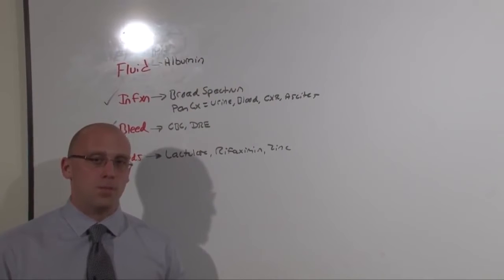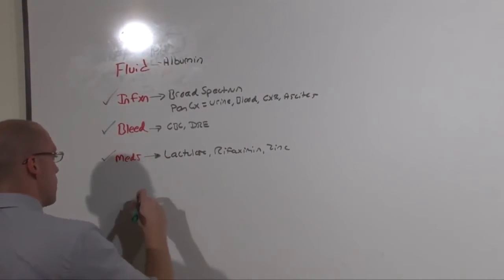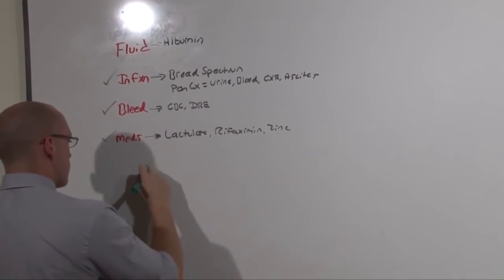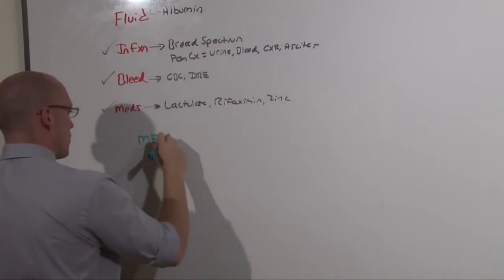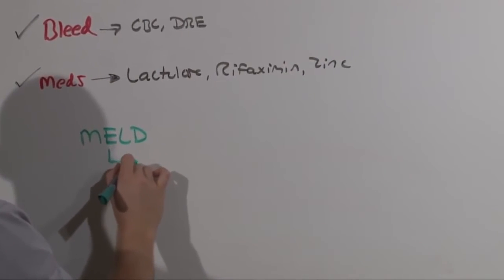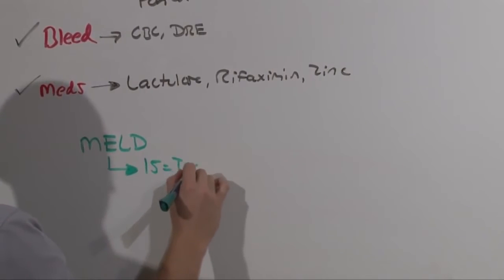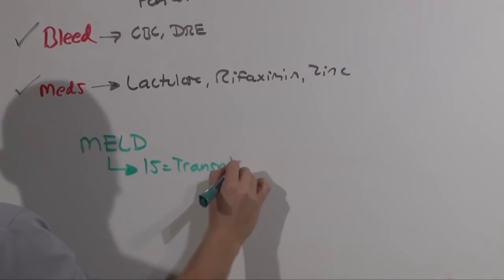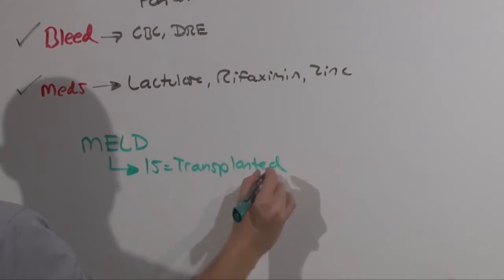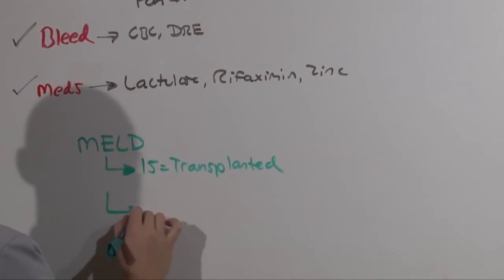What happens? Well, I will tell you that we monitor patients based on the MELD score. When you start being a cirrhotic, the number you care about is 15, because you can be transplanted at 15. The closer you are to 40, the closer you are to death.